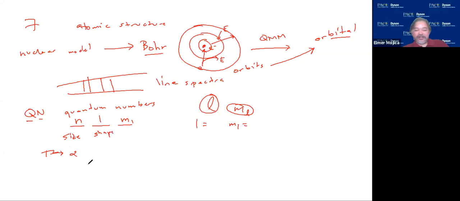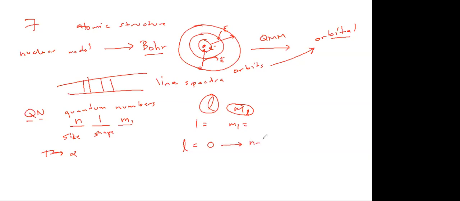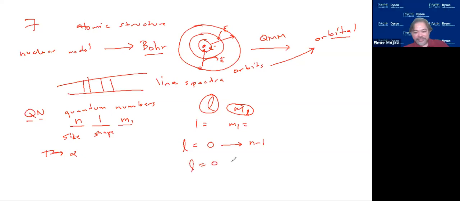Now l on the other hand is the shape. Although we define it with a number, l is defined from 0 to n minus 1. So if l is equal to 0, we assign a particular letter to it, right? If l is equal to 1, l is equal to 2.